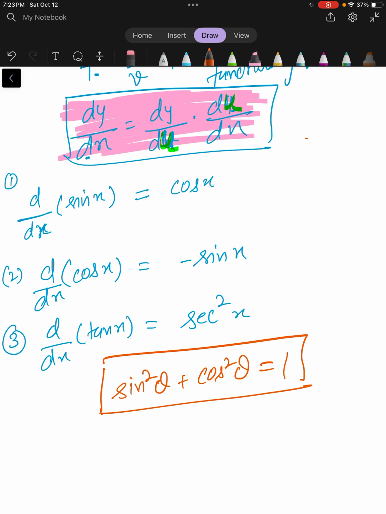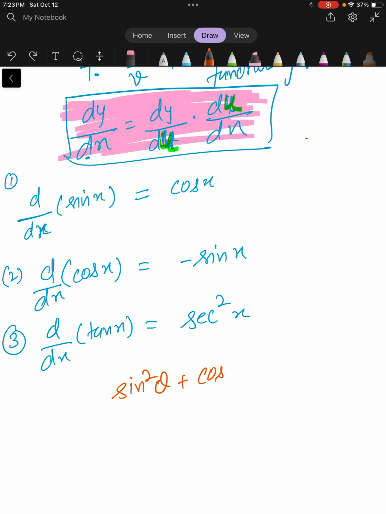How will we derive this formula d by dx of sine x is equal to cos x? Have you understood this point? Okay, one second, let me first tell you the basic formulas, then I'll come to this part. Maybe it's a little bit early. Okay, so this is equal to secant square x.